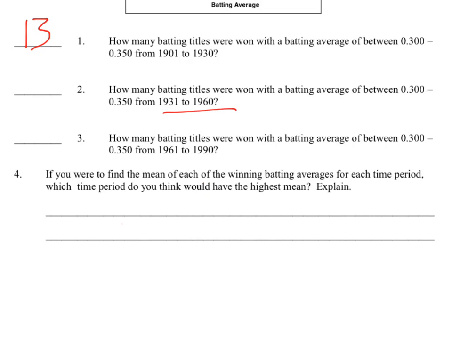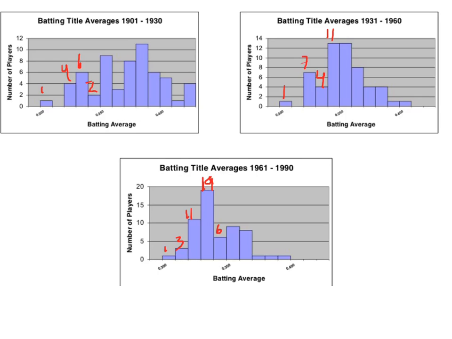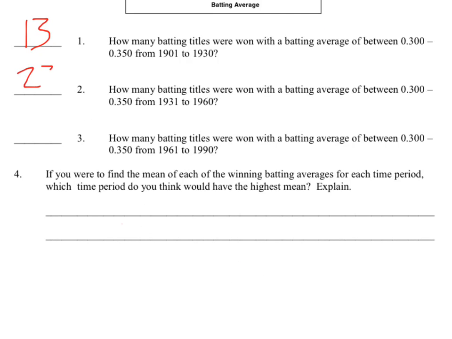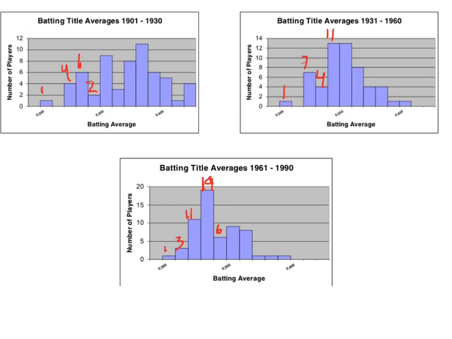In the next section, that's 31 to 1960. That's this section. Those numbers there, 1 plus 7 is 8, plus 4 is 12, plus 11 is 23. Sorry, 12 plus 11, yeah, 23.